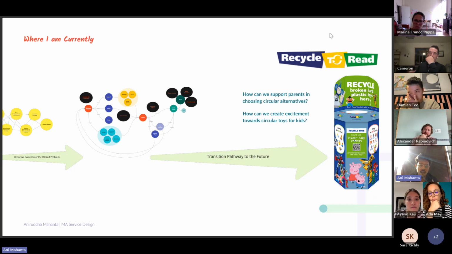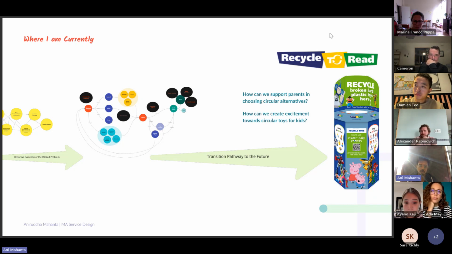But what I want to do in the future is the kind of visioning workshop that Aya just presented. So basically trying to do a co-design workshop with stakeholders from this organization, from schools, even from local councils about what can be different ways of creating circular alternatives, and how can we create excitement for circular toys in children, and also trying to see what other alternate models there can be, like business models, because all these circular models need to be self-sustainable.